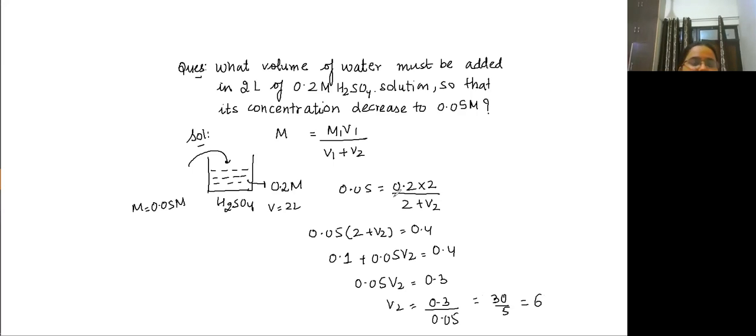Now what will be its unit? If V1 is in liter, V2 will also be in liter. So you have to add 6 liter of water. If the question says what is the volume of solution, what will be the answer?